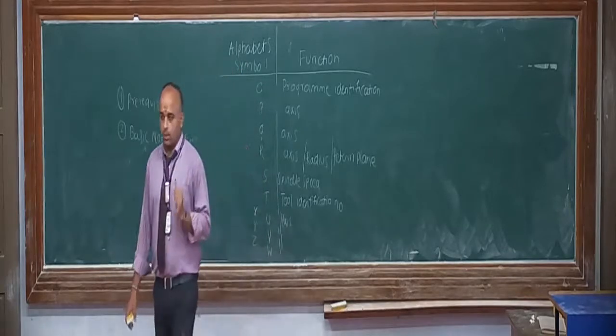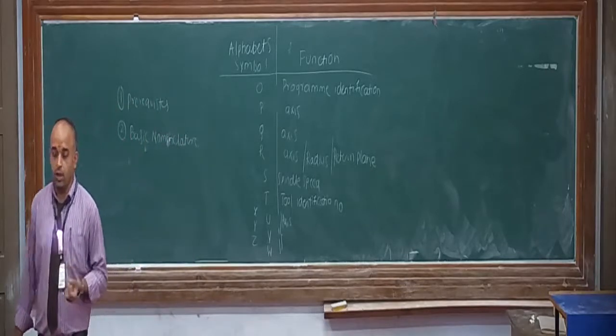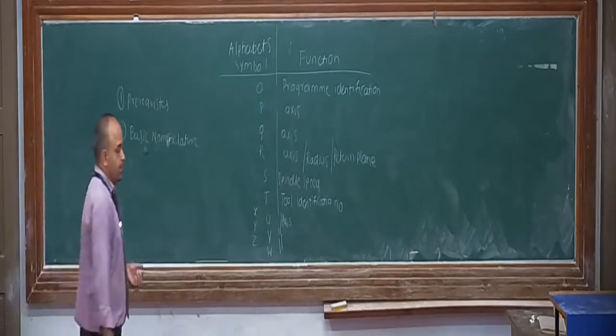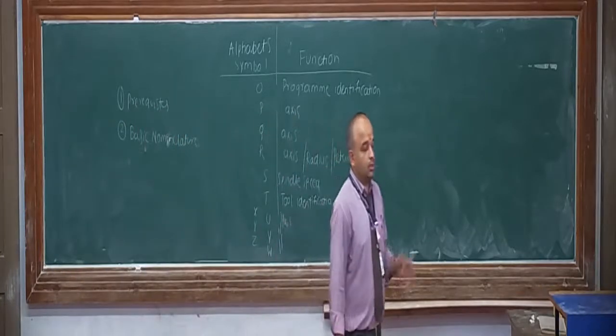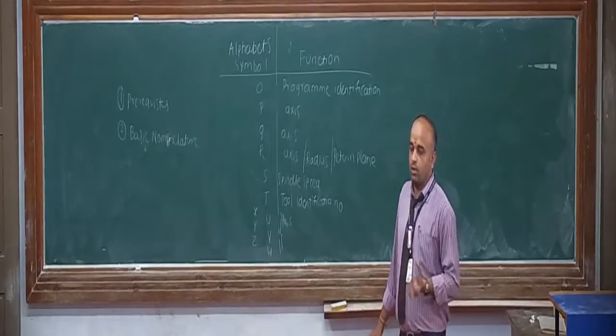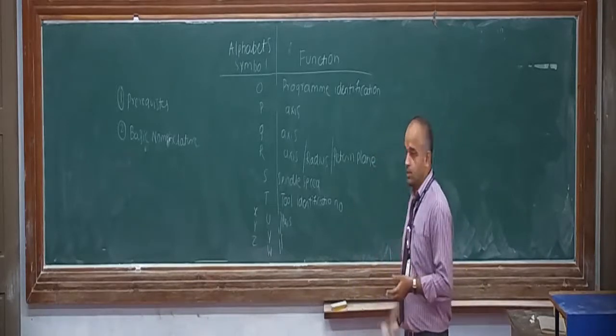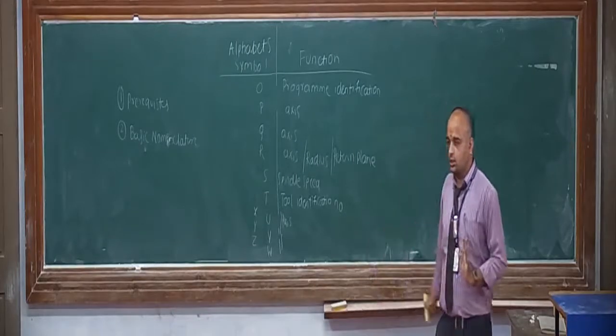Because remember, we are not only writing programs for very simple components, we are also writing programs for complex components like turbine blades, where more than 5 axes are used. In that condition, using only 3 axes becomes very difficult. So in order to reduce the confusion, these 6 axes can be utilized.